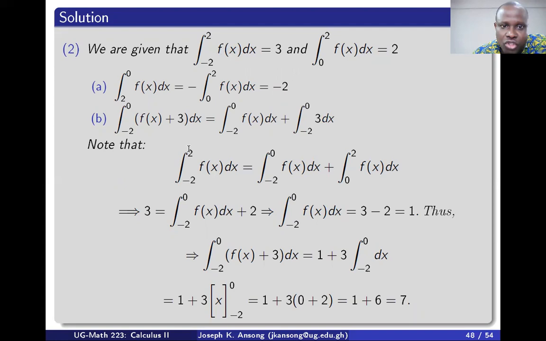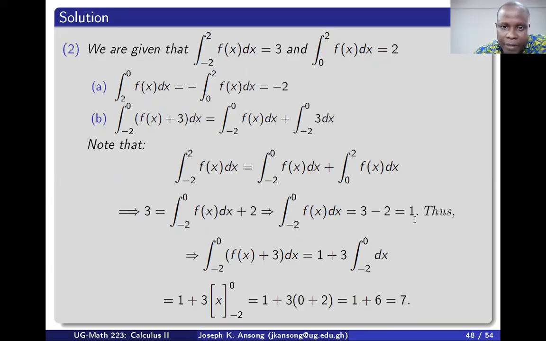Negative 2 to 2 of f of x, I'm going to split from negative 2 to 0 plus 0 to 2. Of course, this is 3, so 3 is equal to the integral from negative 2 to 0, plus 0 to 2, which is given by 2. I can bring the 2 to this side. 3 minus 2 is 1, which means the integral from negative 2 to 0 is 1.